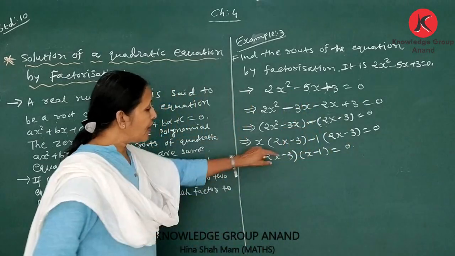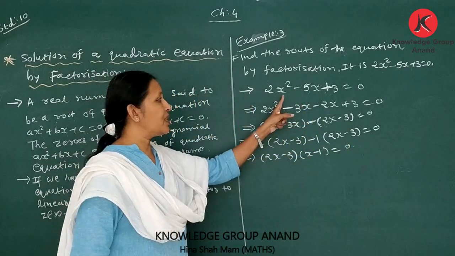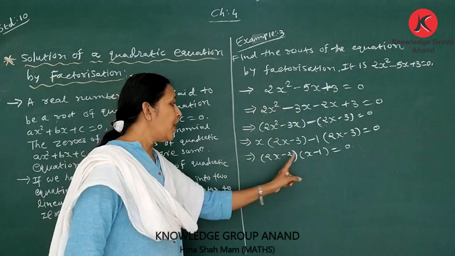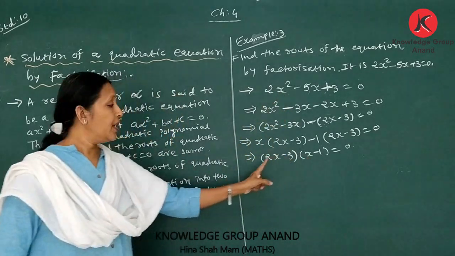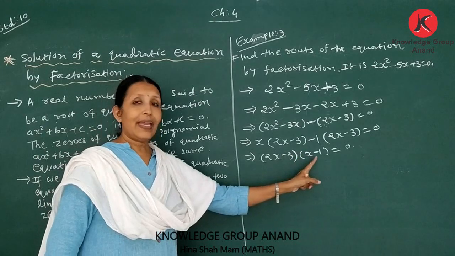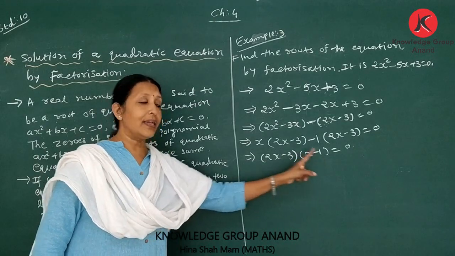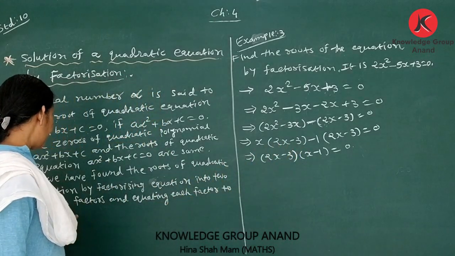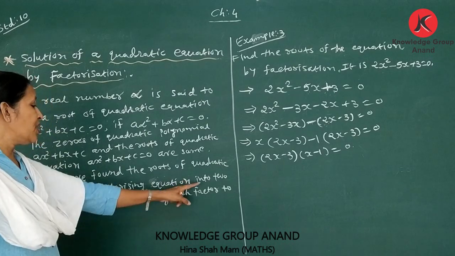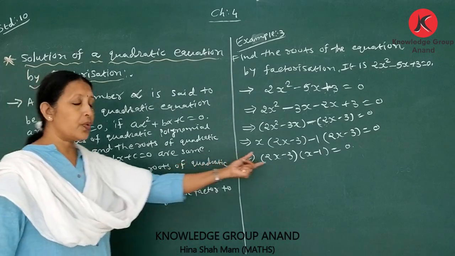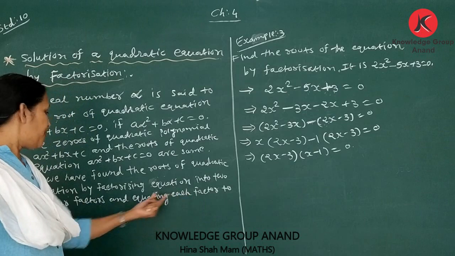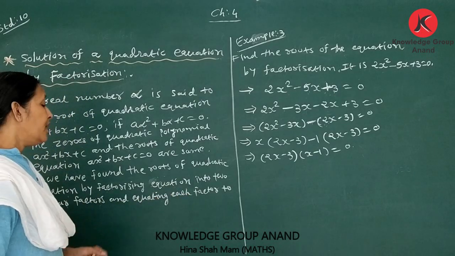Here both are factors of this equation, and they are linear: 2x minus 3 and x minus 1. We factorize the equation into two linear factors and equate each factor to 0.